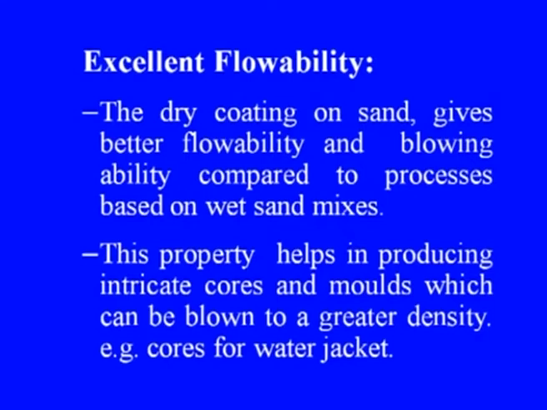The dry coating on sand gives better flowability and blowing ability compared to processes based on wet sand mixes. This property helps in producing intricate cores and molds which can be blown to a greater density, for example, cores for water jacket.